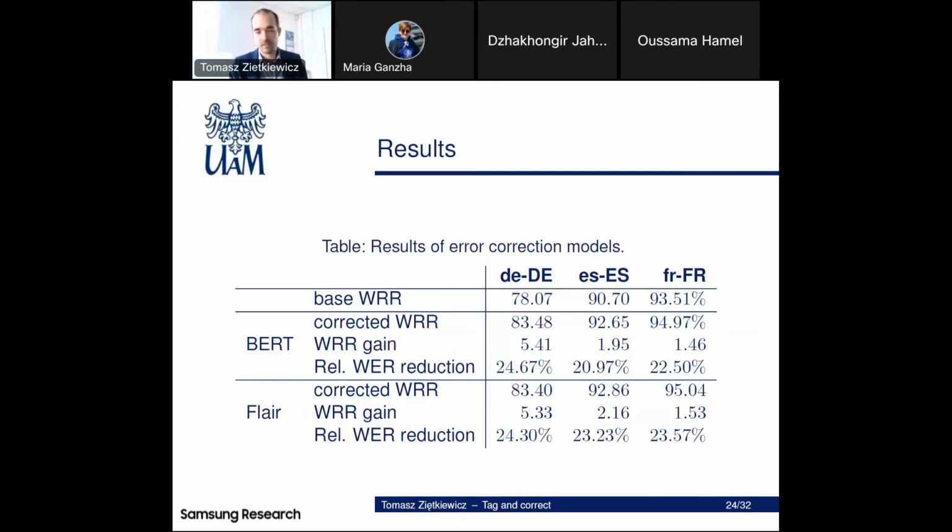I mean, other models achieve similar levels, about 20 up to 30% of this relative word error rate reduction. But it's hard to compare them because we are using different corpora. So that's one of my future tasks which I want to do: to compare this model on well-known corpora with other models.